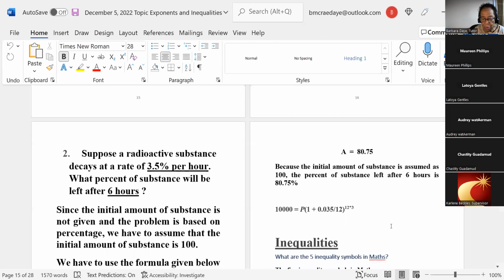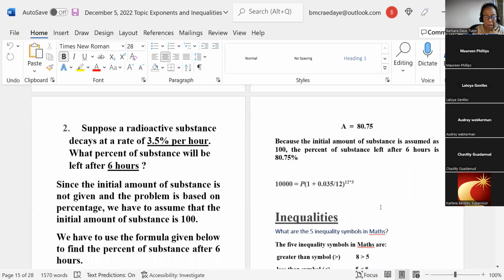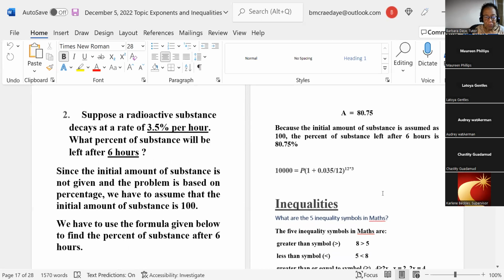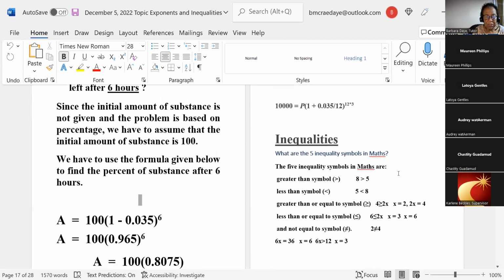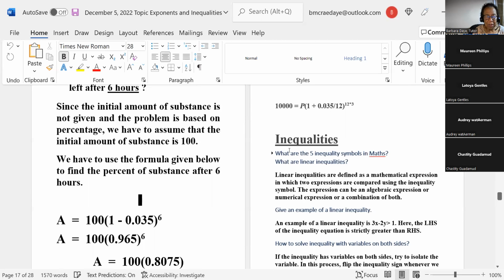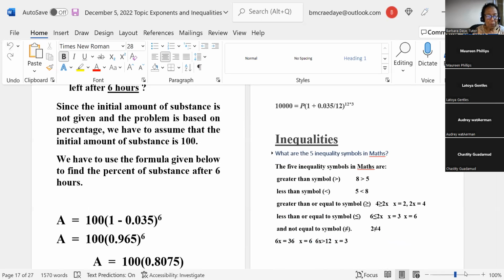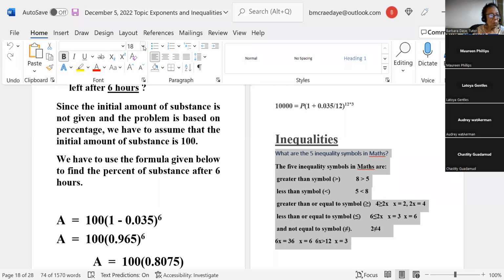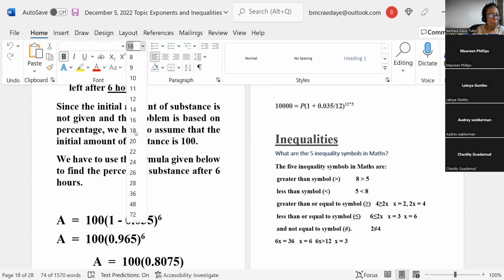Now, looking at inequalities again, I think I said this before, but I want to say it again. There are 5 inequality symbols, right there. Anybody want to tell me in words what the 5 inequality symbols are?